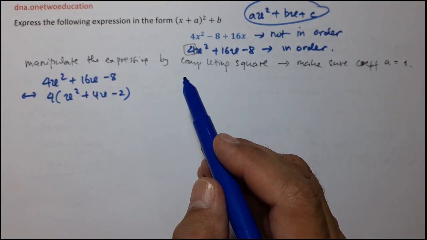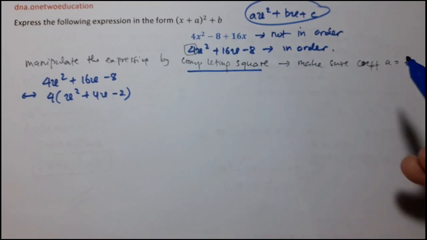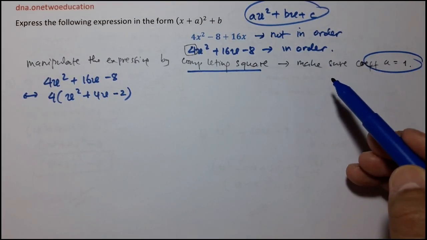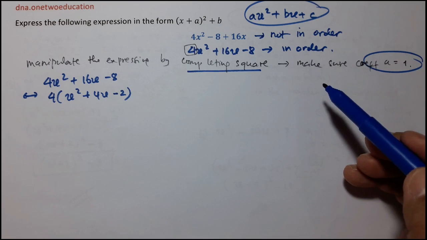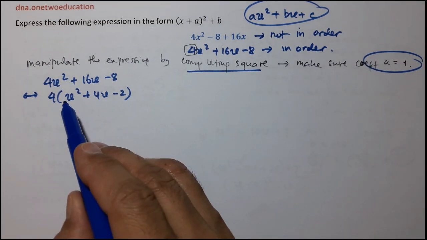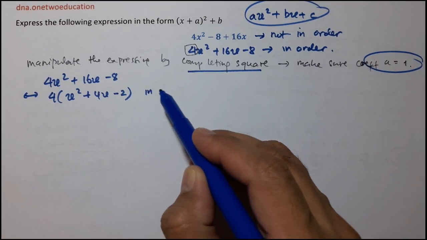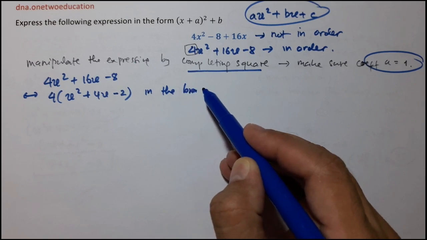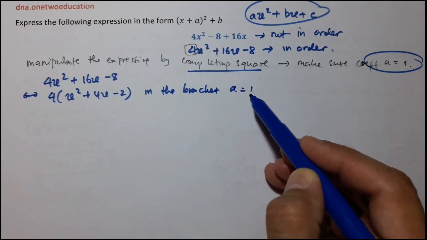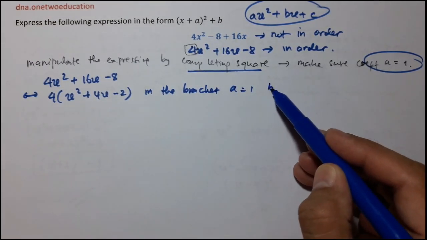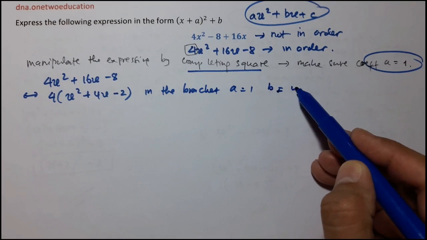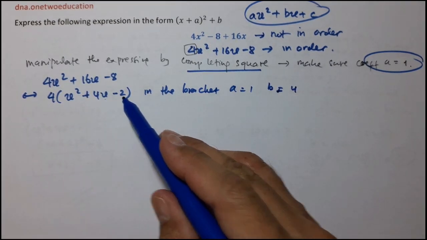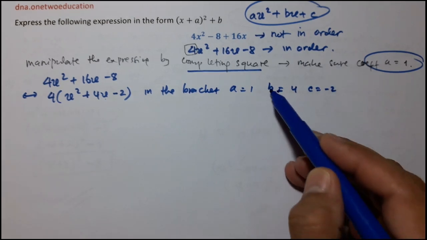The first requirement for completing the square is to make sure the coefficient of x squared, or a, is 1. Now in the bracket, a is 1, b is 4, and c is -2, right?